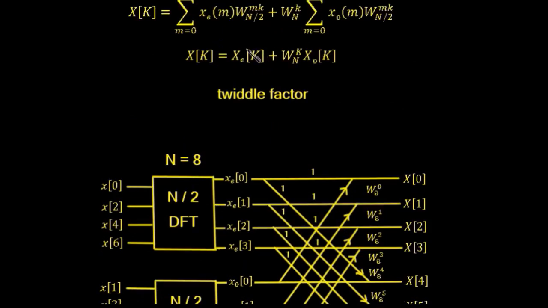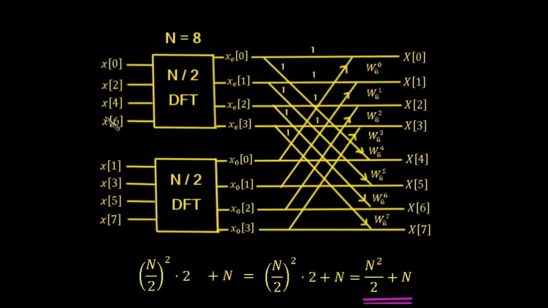So we've got the even part, and then we've got the odd part multiplied by w0, and the subscript n is 8. Now the next one here is going to be x1, so x1 is going to be the even part of x1 plus the odd part of x1 multiplied by the twiddle factor w1 subscript 8, and so on and so forth all the way down.